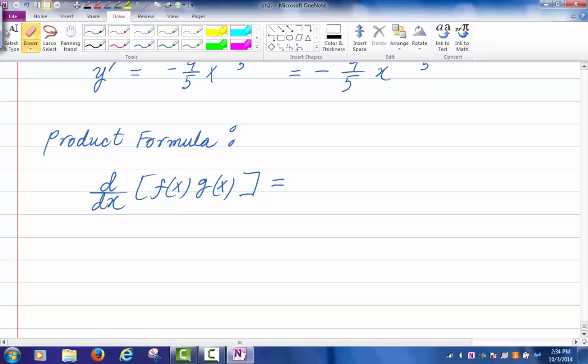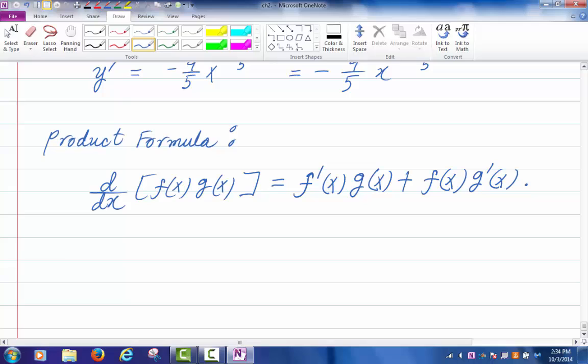It looks a little bit more complicated. You take the derivative of the first factor and multiply by the second factor, plus you do the opposite: the first factor multiplied by the derivative of the second factor. So that's the product rule.